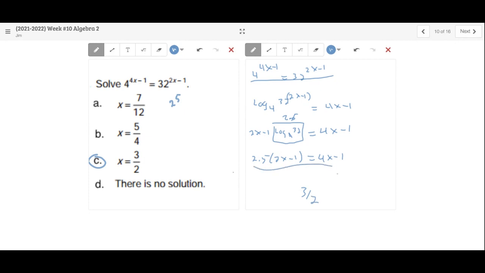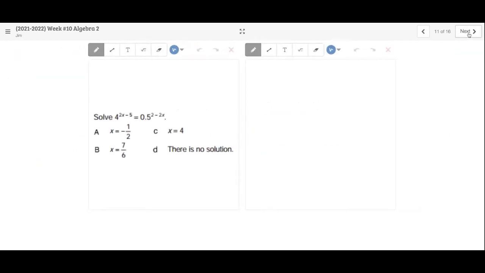It's a little bit harder because it's got a decimal in there, but you're going to get the same answer. I just noticed that the bases were the same, so I can just rewrite it with the base the same. But if you didn't notice that, you could rewrite it as a logarithm, just a little bit trickier to solve that way. But you're going to get the same answer regardless. You're going to end up with 3 halves.